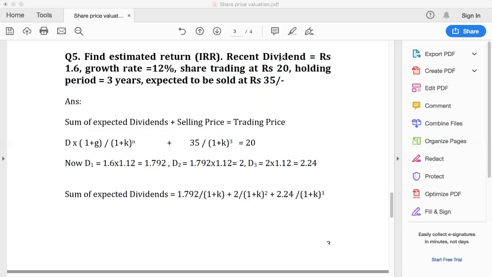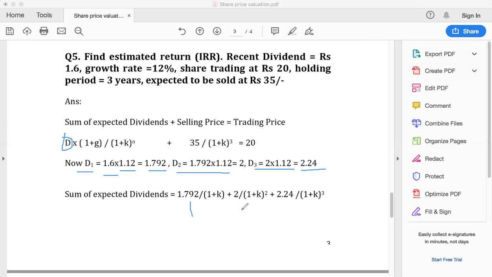Fine. So what we do now, we find D1, because this applies not to the most recent dividend, but the next one, D1, not D0. So 1.6 multiplied by 1.12, which is the growth rate, and you get D1. So you get D2, you get D3, because it's a 3-year finite case.